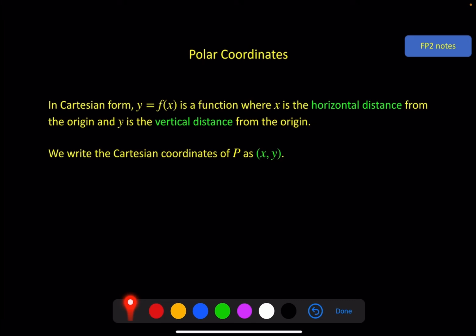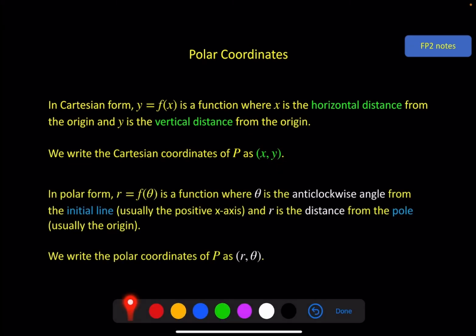In Cartesian form, as we've said, y is equal to a function of x, where x is the horizontal distance along the x-axis from the origin, and y is the vertical distance along the y-axis from the origin, and we write that as (x, y) in brackets. You're very familiar with that, you've been doing that for years.